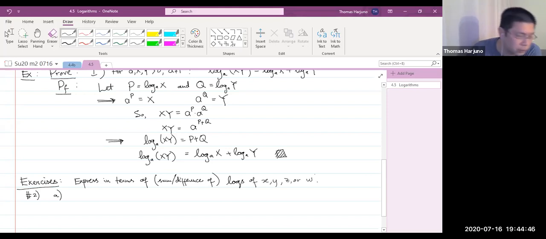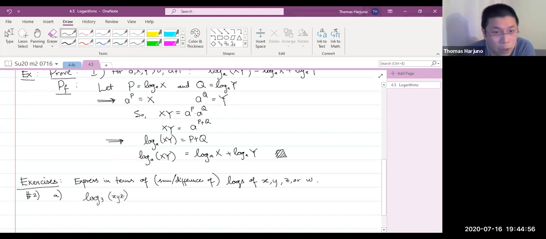That's from the question. Okay, now then, part A, log base 3 of xyz. Of course, the assumption is x, y, z are all positive.